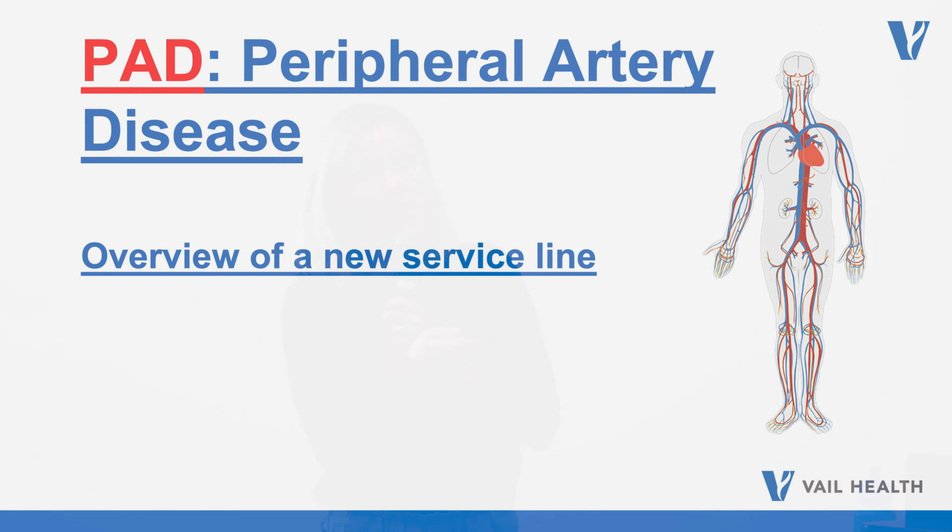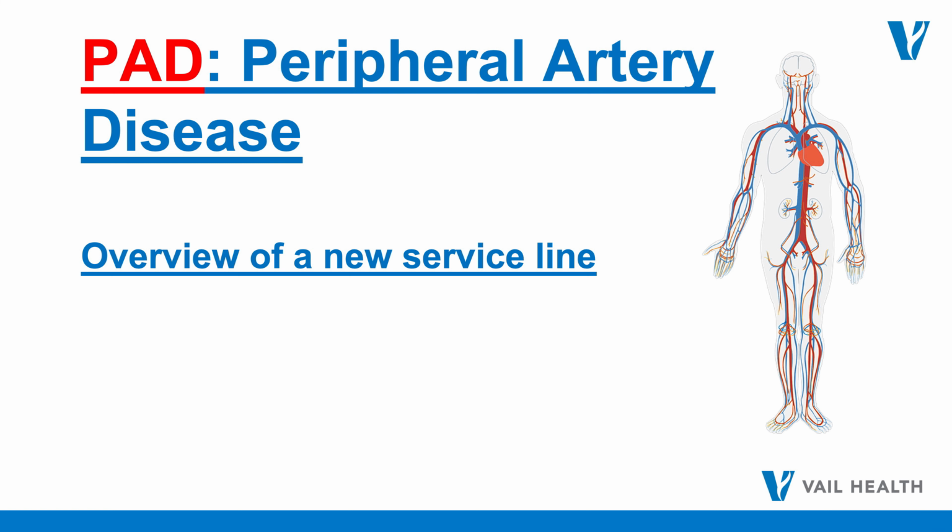As a quick addition, because I don't have time to go into this, the one thing I didn't mention is that we do have a new service line. This is something that I started when I came up here a year ago, and it's the management of peripheral artery disease. It's a new service line that we have at Vail, where we're able to, like all that plumbing stuff that I talked about, the heart arteries, I mean, they're special, but they're not that special.